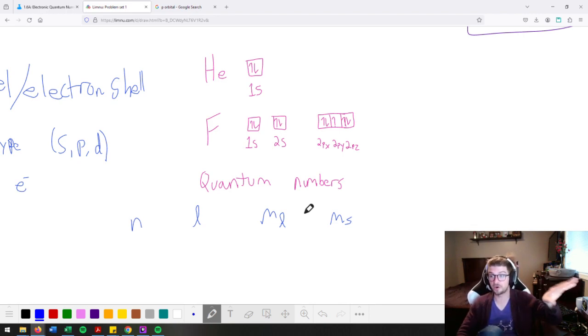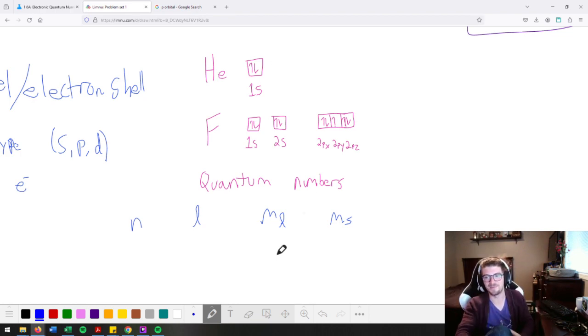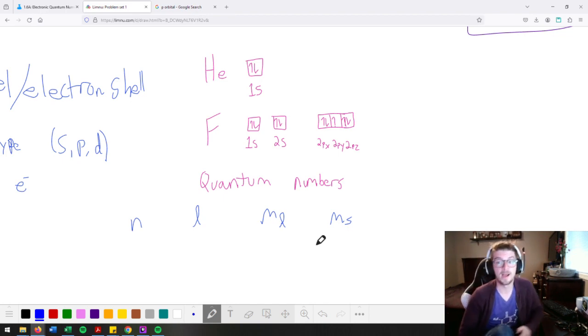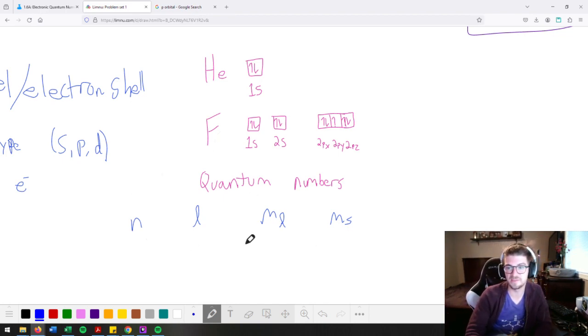These are the variables we use to build up the mathematical solutions of all the different orbitals, the s orbitals and the p orbitals and the d orbitals and the f orbitals and all the other orbitals that we don't ever use because they're for elements that we haven't even discovered yet.